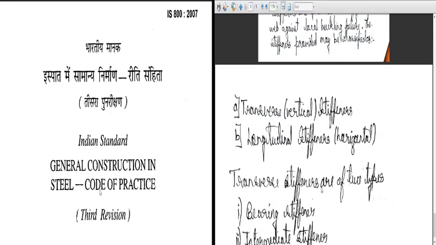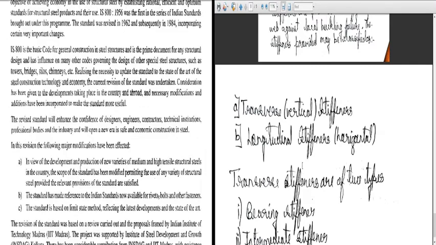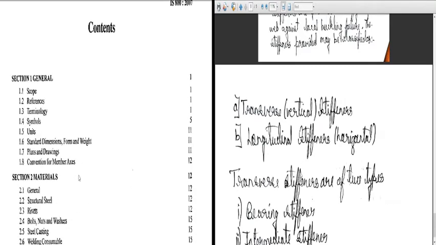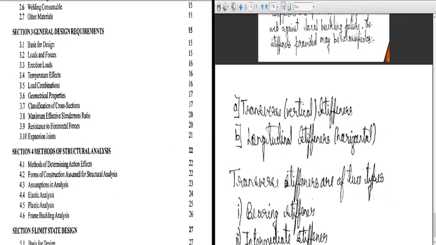This is the general idea about what is a plate girder. Let us see what is there in the code book and its specification. So this is IS 800:2007, steel structure, general construction in steel, code of practice. You have already used this for the design of steel structure elements, for designing the columns, beams, compression member, then tension member.